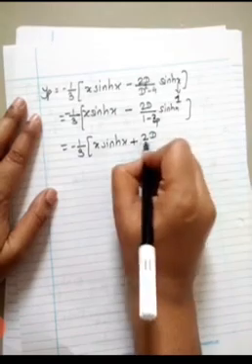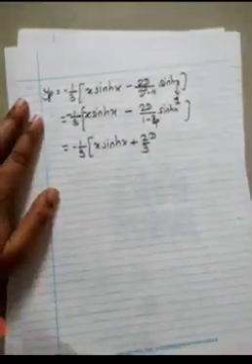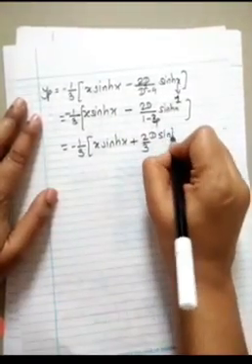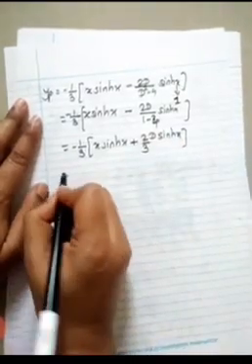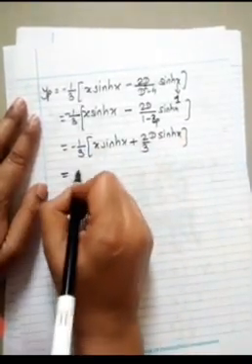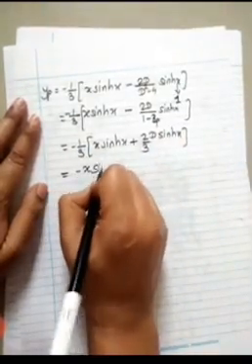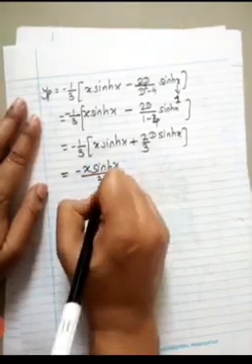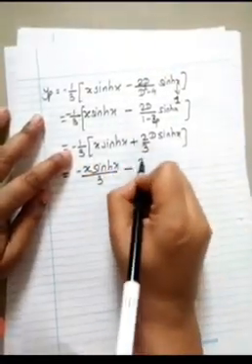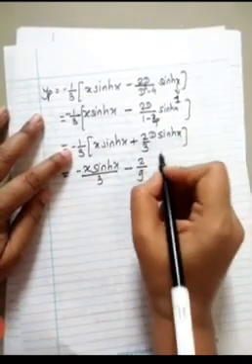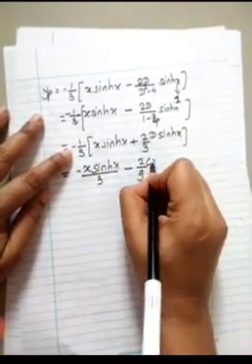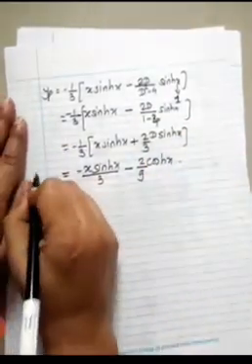So it is plus 2 by 3 derivative of sinh x. Now I'll take that minus 1 by 3 inside. Minus x sinh x by 3 and minus 2 by 9 derivative of sinh. Yes, this is your yp.